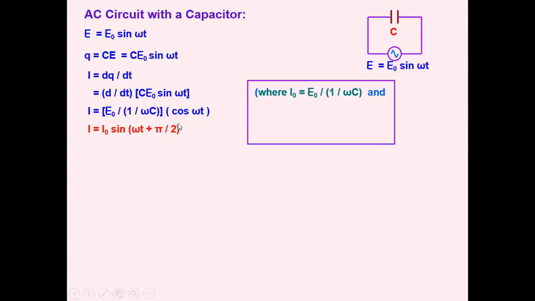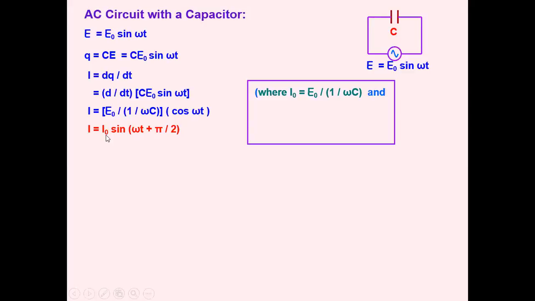So we have converted the cosine function into sine: sin of omega t plus pi by 2 equals cos omega t. So there is no problem.